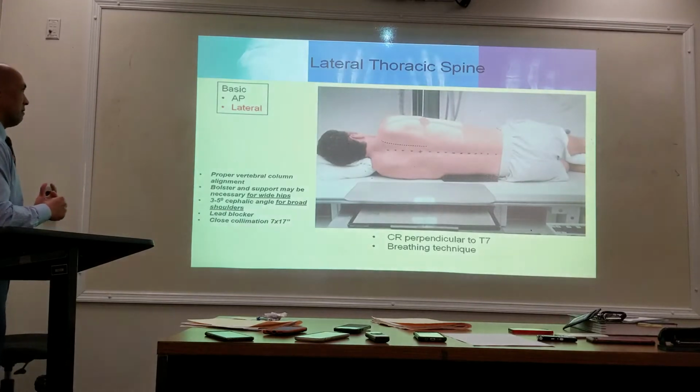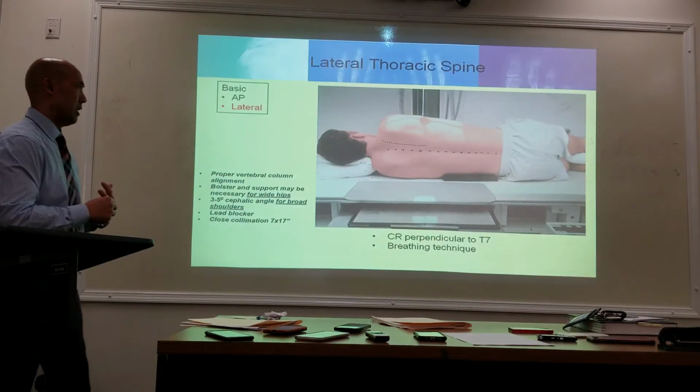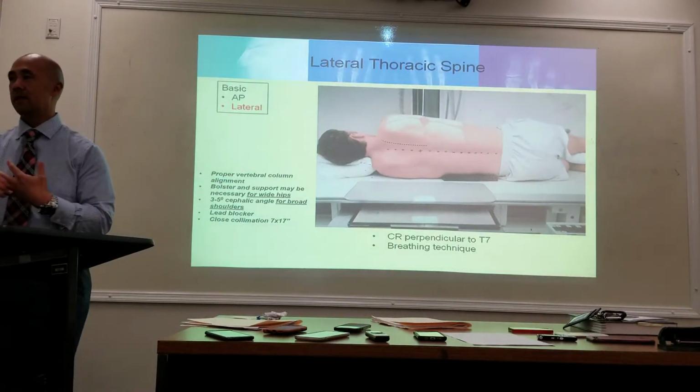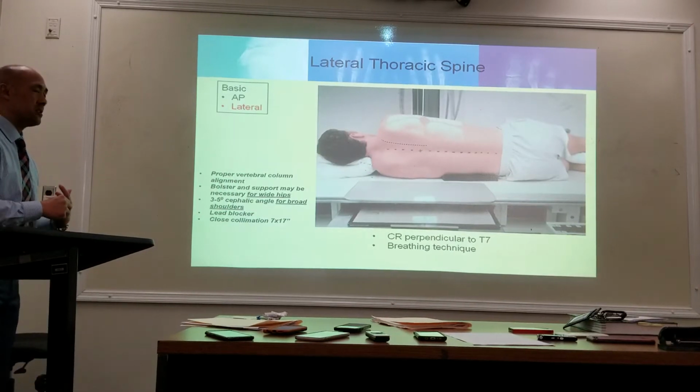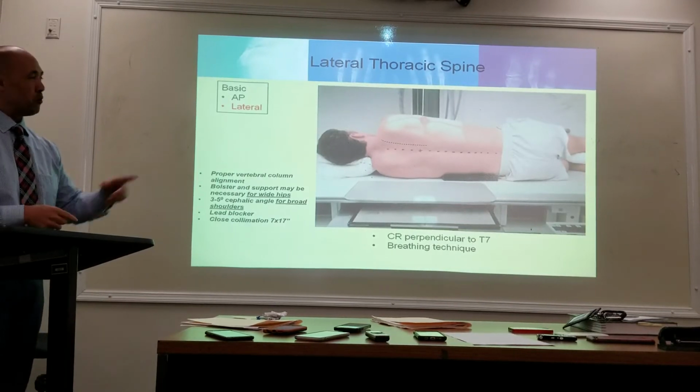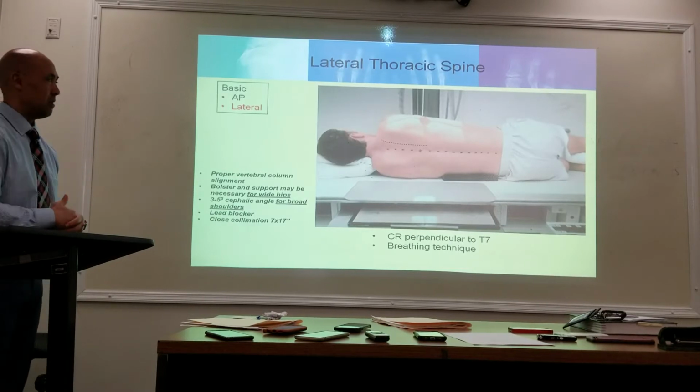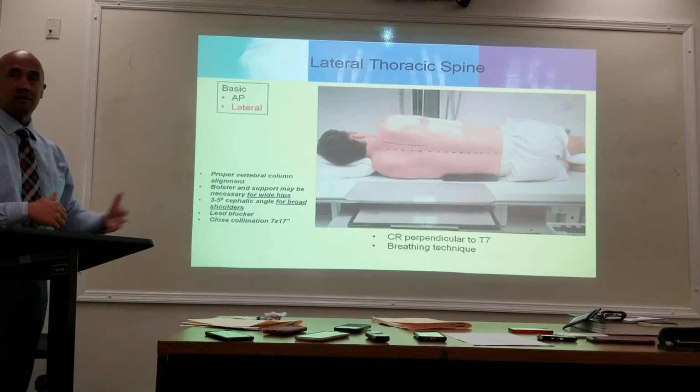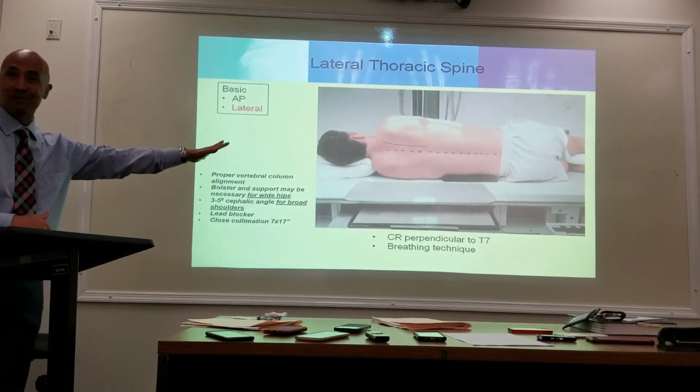Lateral T-spine. So we're going to roll them up on their side. Does it matter if we're doing a left lateral or a right lateral? It doesn't matter. But why is it easier to do a left lateral? Yeah, because you can see the spine, exactly.